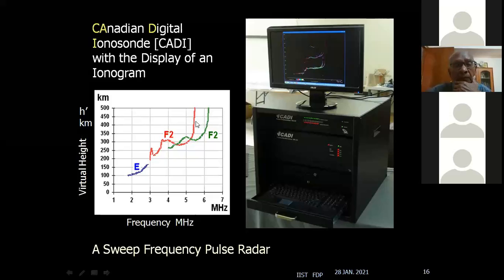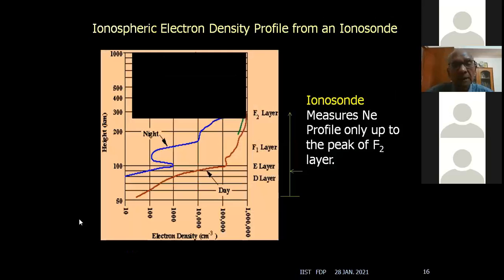So we find out the penetrating frequency, and from that we can find out the maximum usable frequency. That is what is now called an ionosonde, and this is the one which will map the electron number density from the lowest height to the peak of the electron number density.